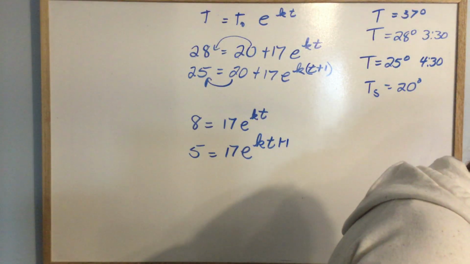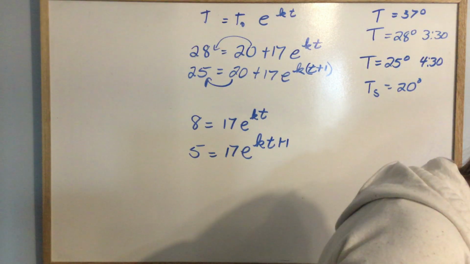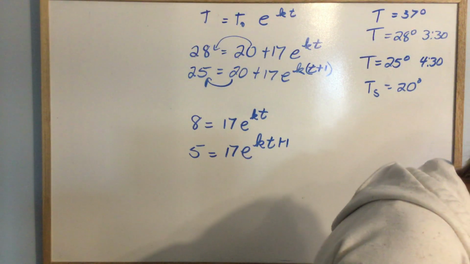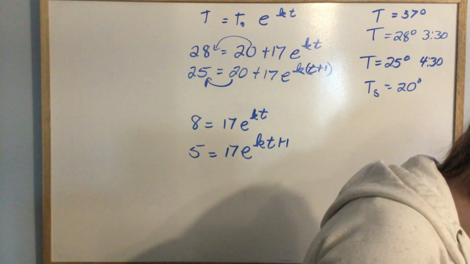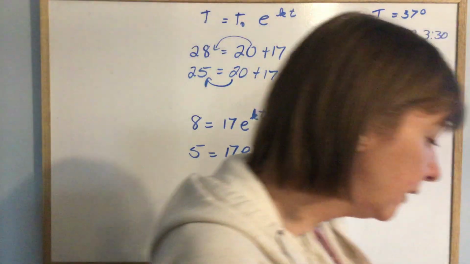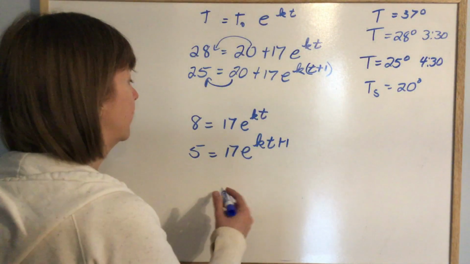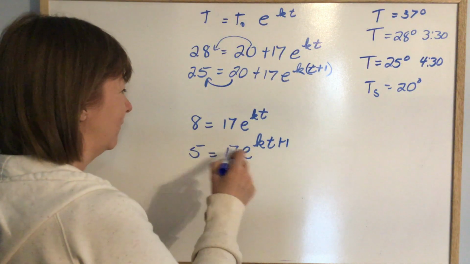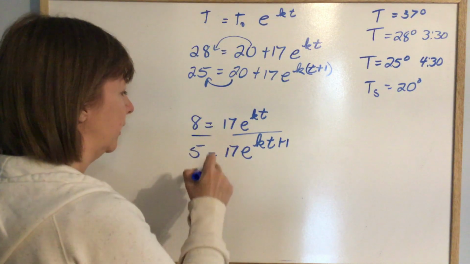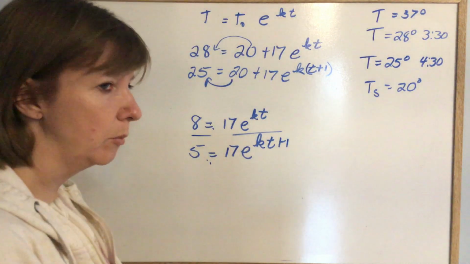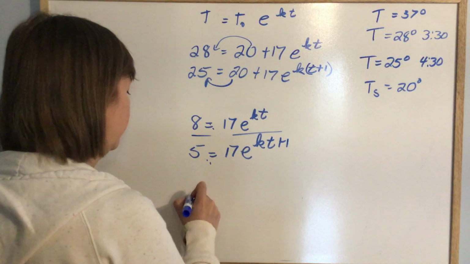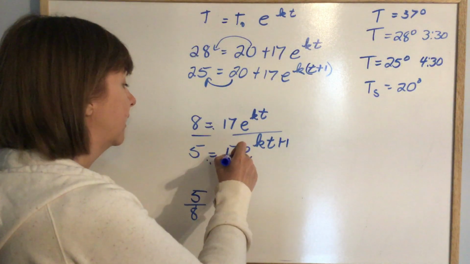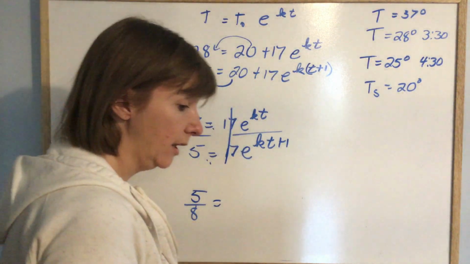Now, what they do with this, they divide the second equation by the first one. So they don't divide this one by this one, they divide this one by this one. I'll show you why in a sec. So they do 5 over 8, 5 divided by 8, you could make that a decimal if you want. 17 over 17 would cancel.